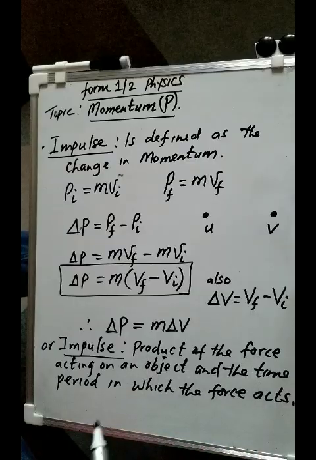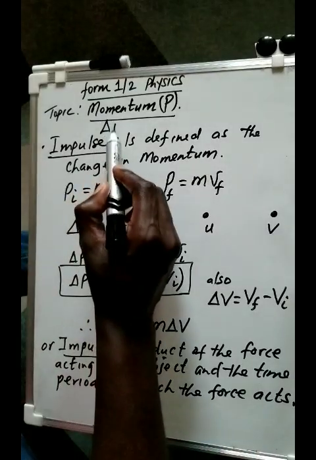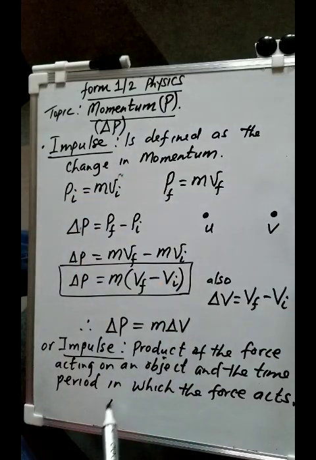So impulse, which I'm representing by delta p, is simply equal to the force multiplied by time. That's what we mean: the force acting on an object and for how long it is acting on that object. That is what we simply call impulse.